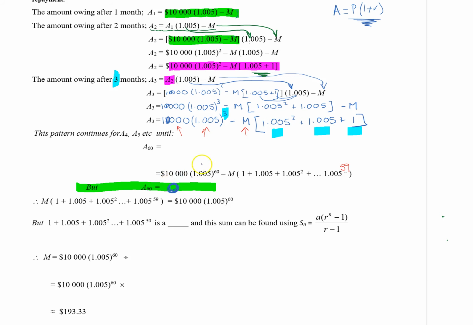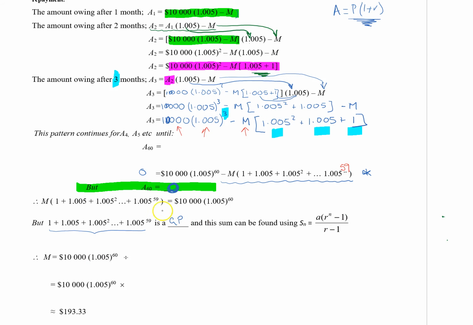So knowing that this expression here is actually equal to 0 means we're going to take this whole part of the expression to the left-hand side, and you'll get m times this GP is 10,000 times 1.005 to the 60. You know that this is a GP, and the sum can be found using sum to n terms of a times r to the n minus 1 over r minus 1.